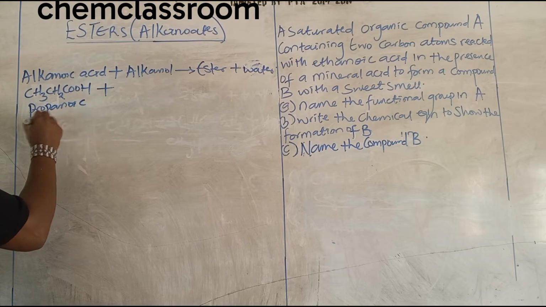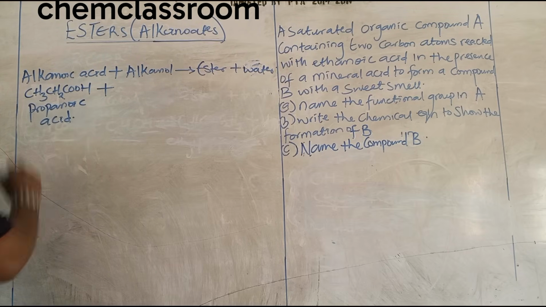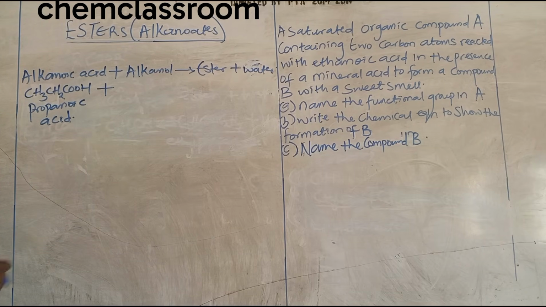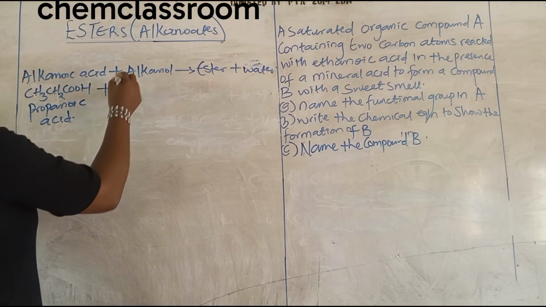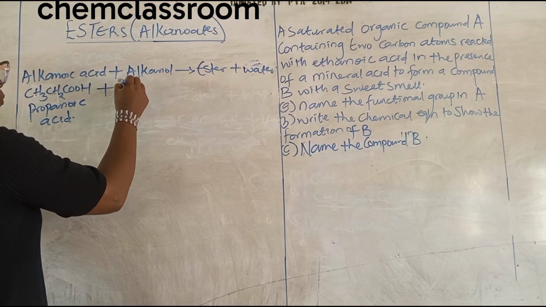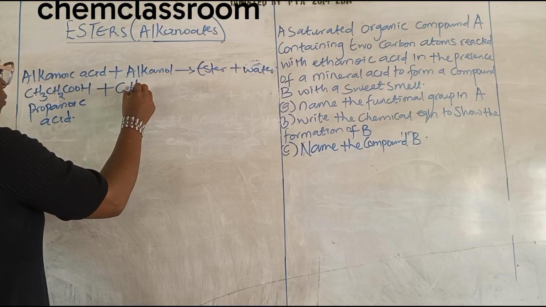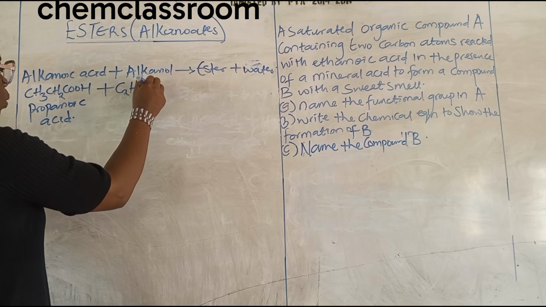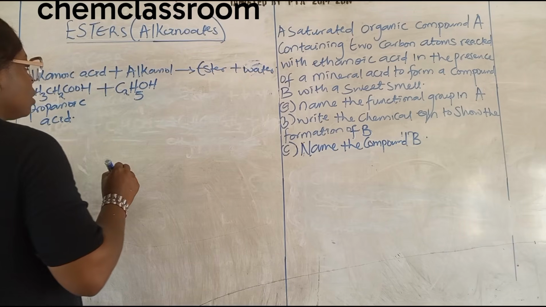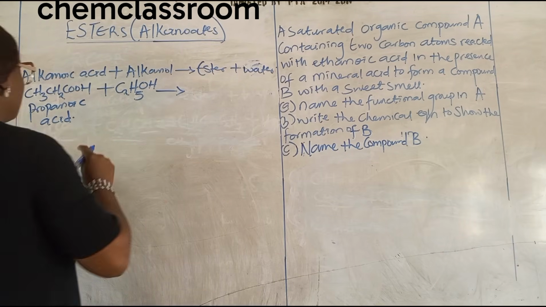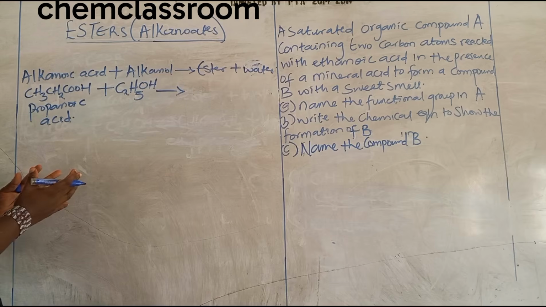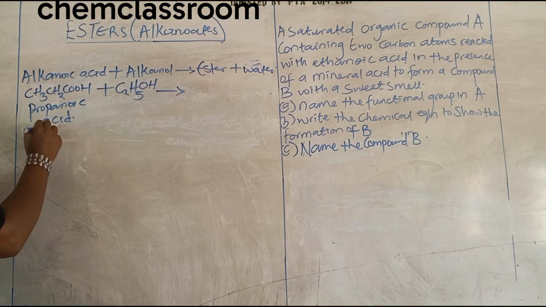Let us use ethanol. Ethanol has just 2 carbon atoms. So I will write C2H5OH.